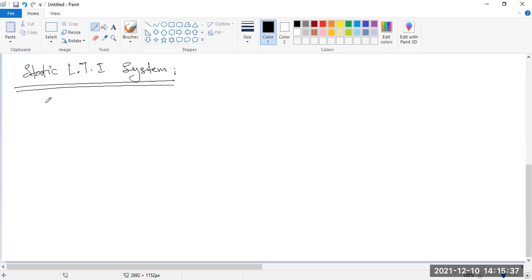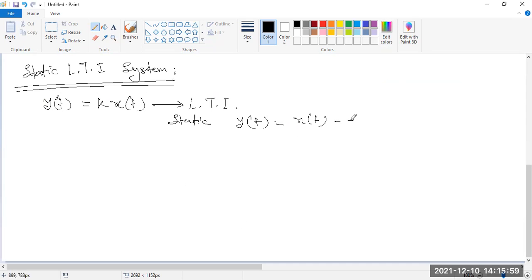Look, y(t) is k times x(t). This is an LTI system, and it is static because y(t) is just x(t), not any other form of x(t).